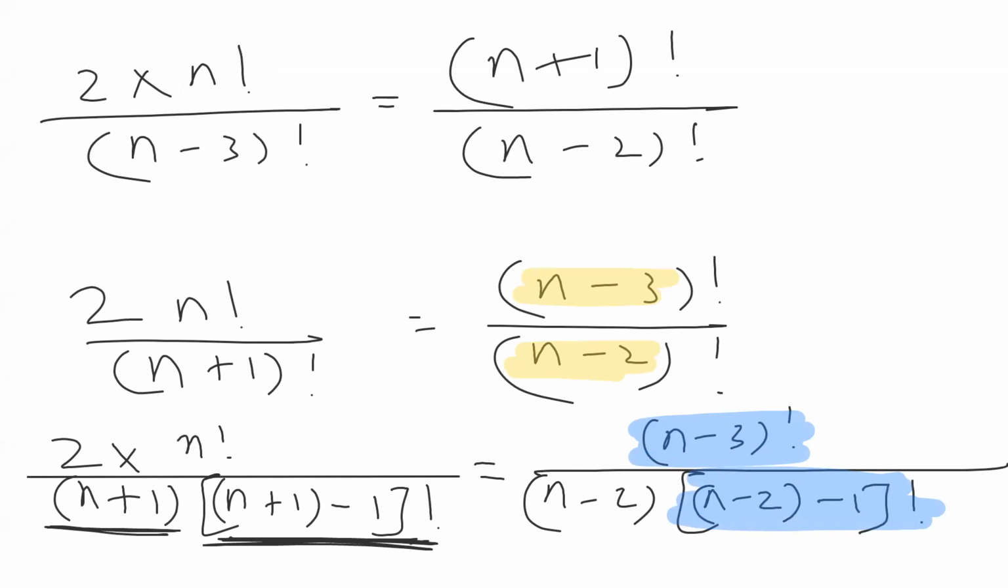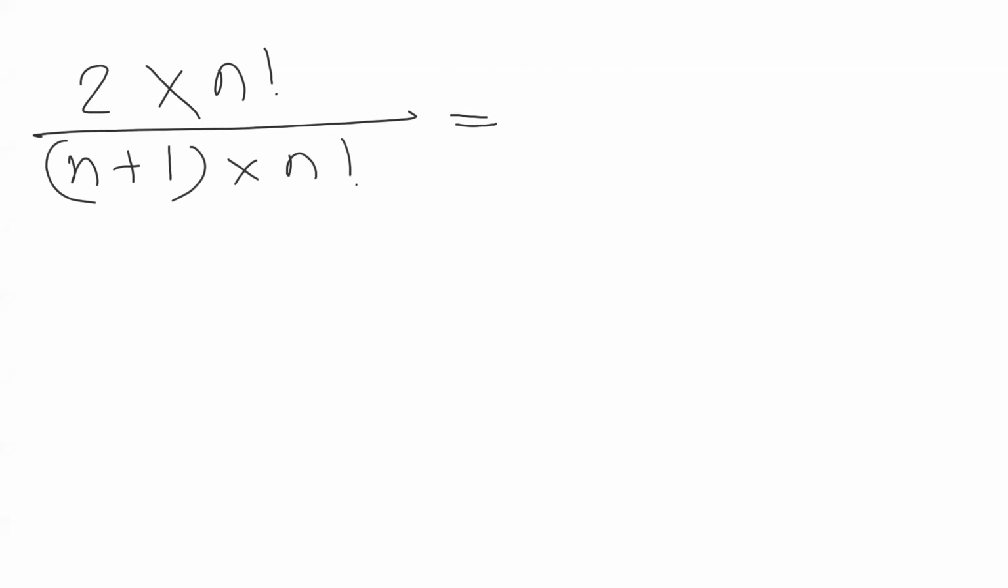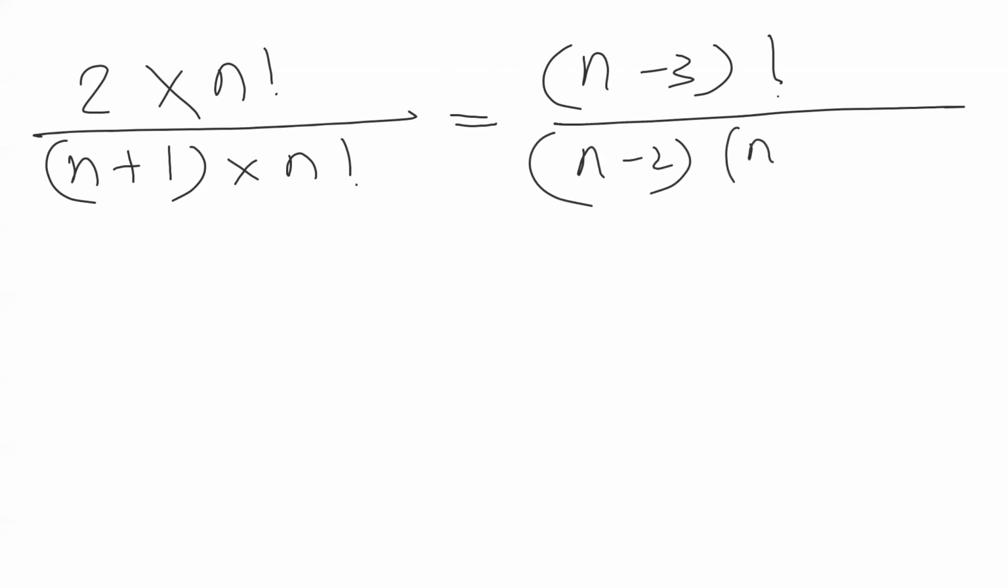So n minus 3 factorial upon n minus 2 into n minus 3 factorial. So if you observe, there are some cancellations over here.